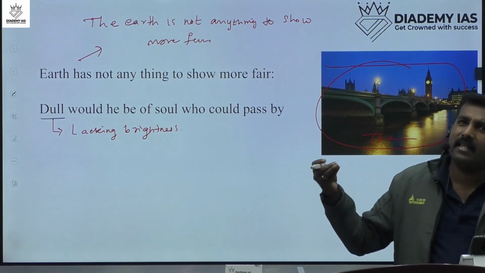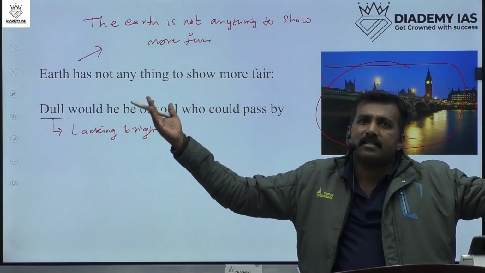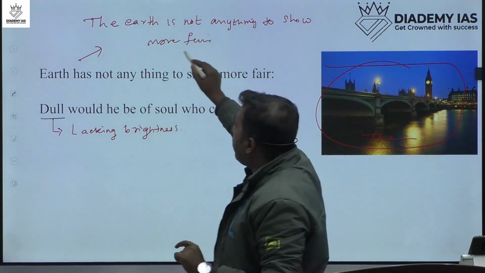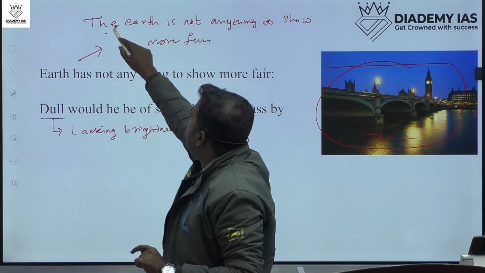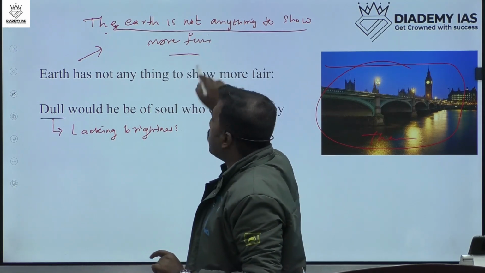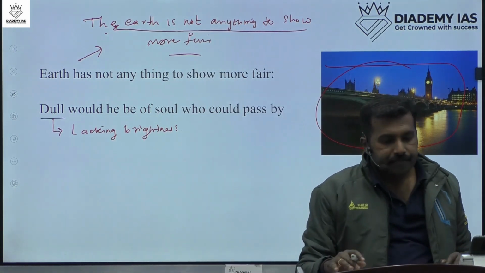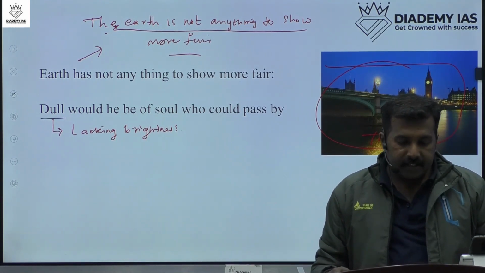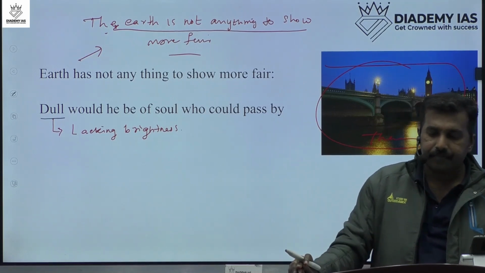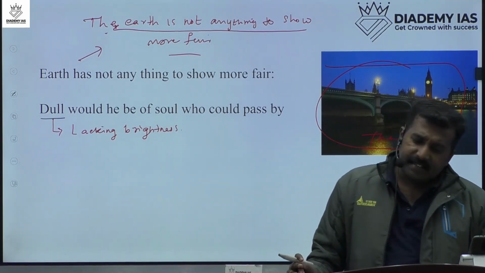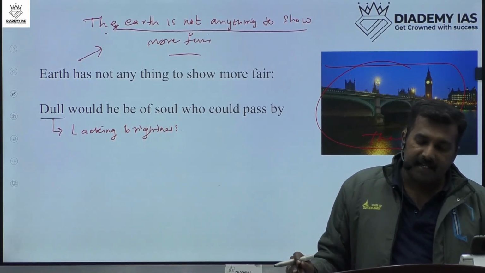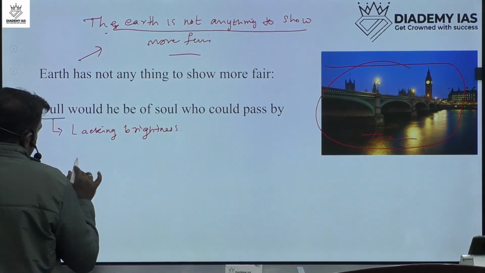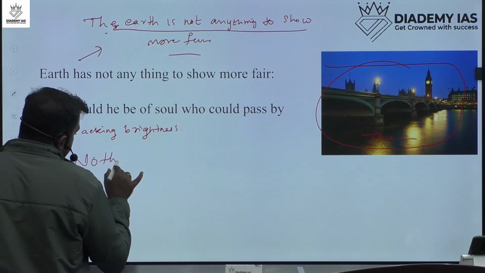I don't feel anything special in this view. That is the first 2 lines. Normally, the poet says that the earth is not anything to show more fair. The poet says that there is nothing fair in this world.